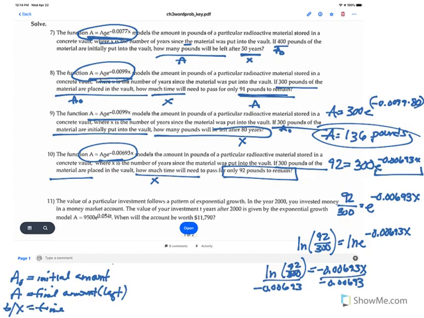And so we do that, and then everything goes straight into the calculator. Remember, you must have an exact answer first before you can plug in the calculation. So we get 171, because you get 170.5. So it'll be 171 years in order for 92 pounds to be left, right?